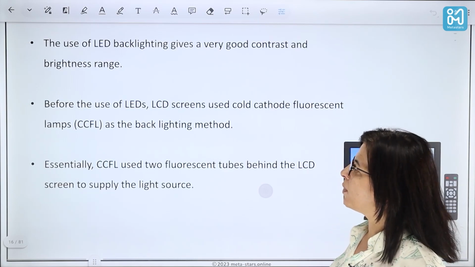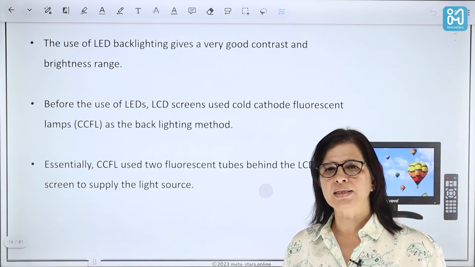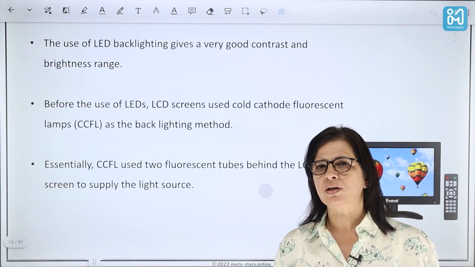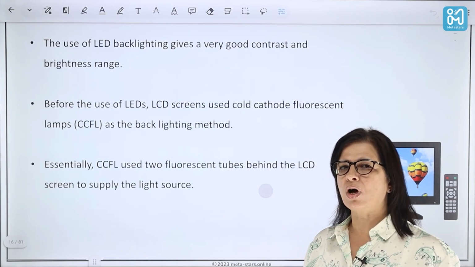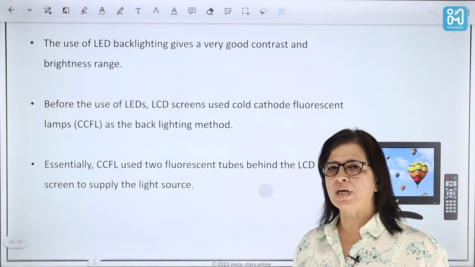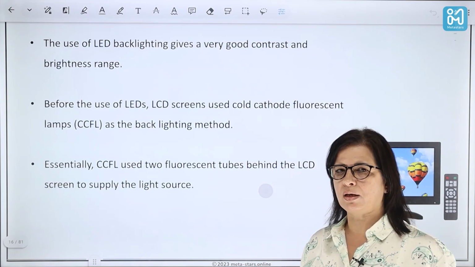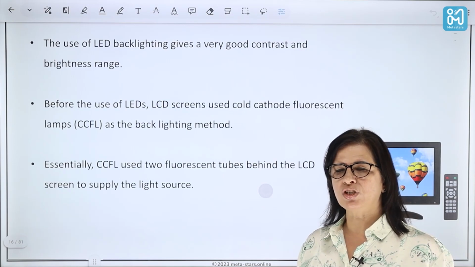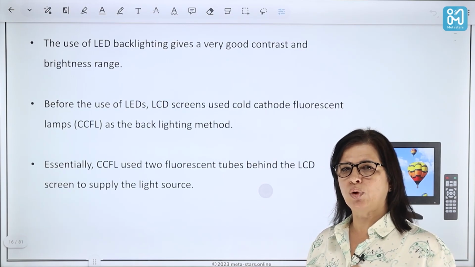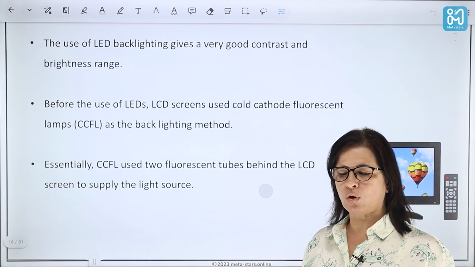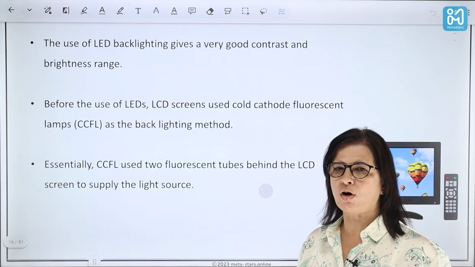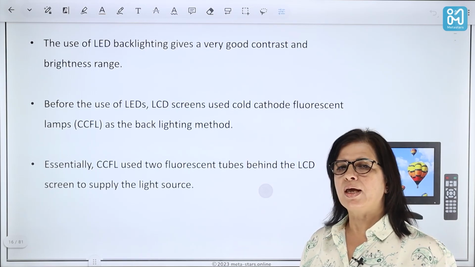Then we moved to the LED, and we told you that LED technology is based on using LEDs. Each pixel consists of 3 subpixels, each subpixel red, green, blue. All together, the mixing of the colors of these subpixels gives us variation of shading of colors.